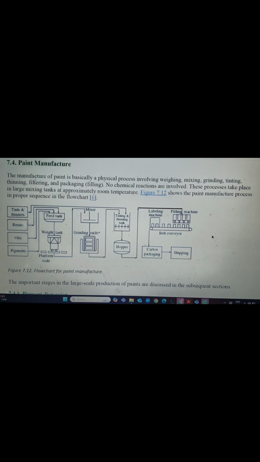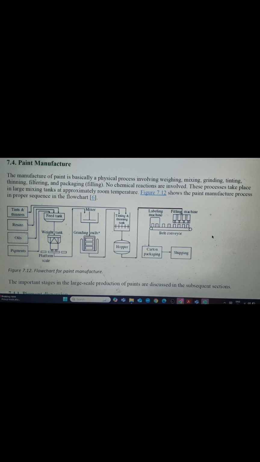Then all these materials are mixed in the mixer. After that they are ground by grinding mills, and after that tinting goes to the tinning tank and then to the hopper.